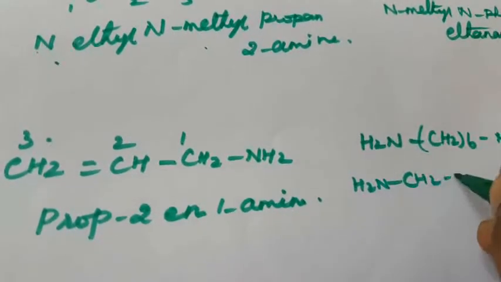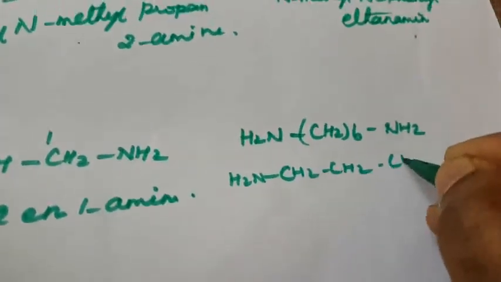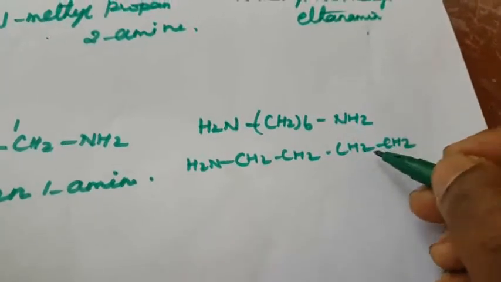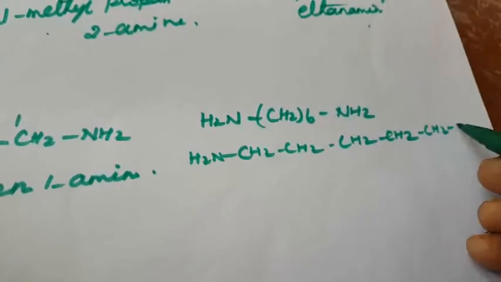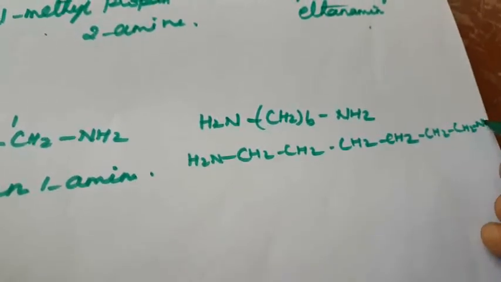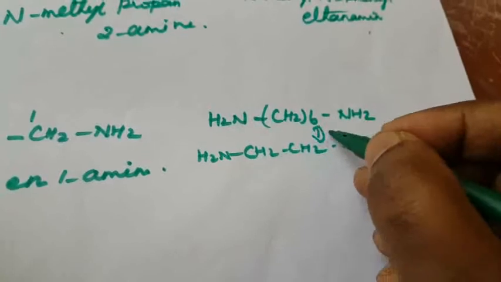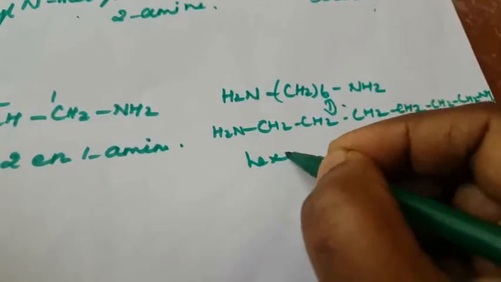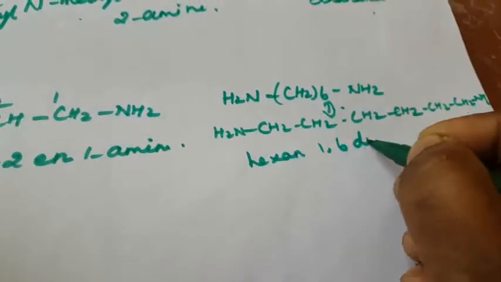H2N, CH2, CH2, CH2, CH2. Here 1, 2, 3, 4, 5, 6, then NH2. Okay, this compound we can write like this. So how to write? 6 carbon is there, hexane, 1,6-diamine. Okay, this is the IUPAC name.